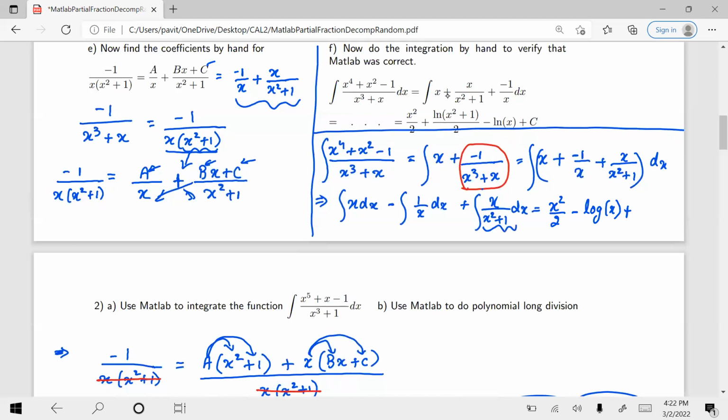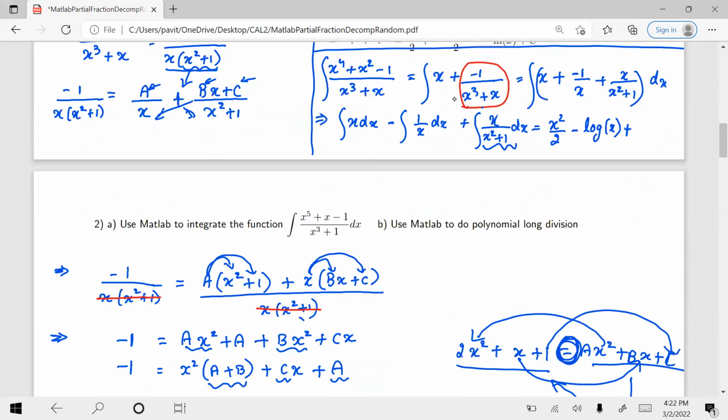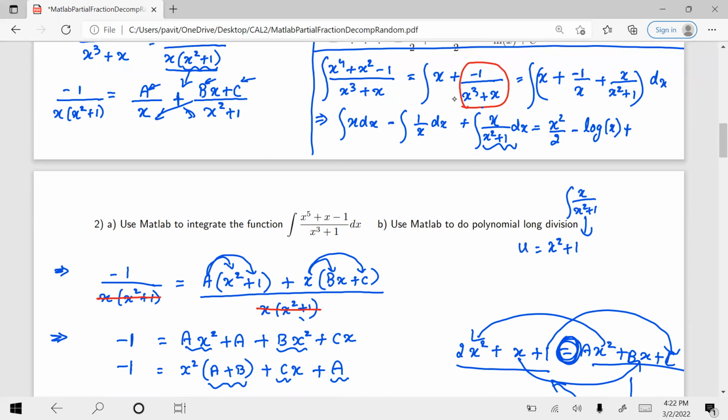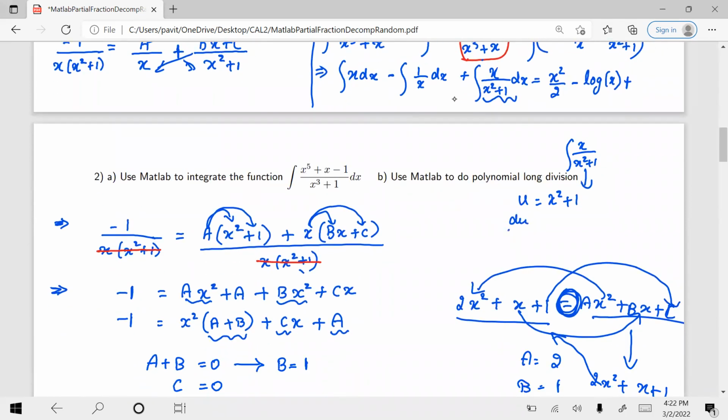How do we do this? Any idea about this? How can we solve this fraction? Yeah, right. So you can apply U substitution. How? I'll take u equal to x square plus 1. Then du by dx is equal to 2x.